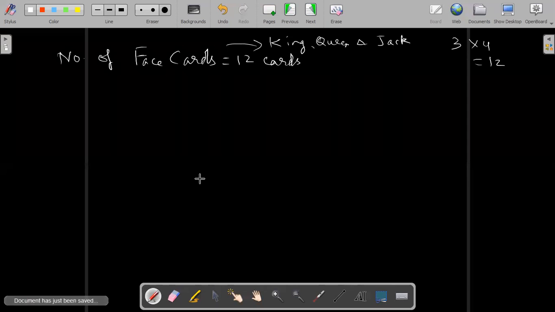So if the question is based on the face cards, you have to consider the total number of face cards.